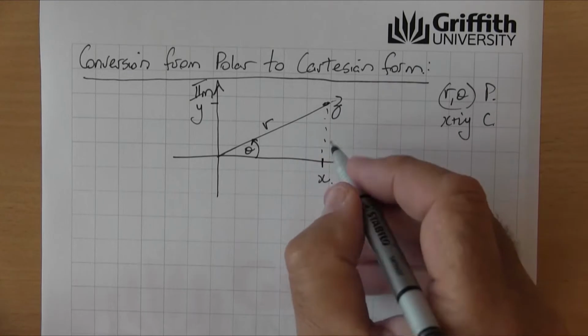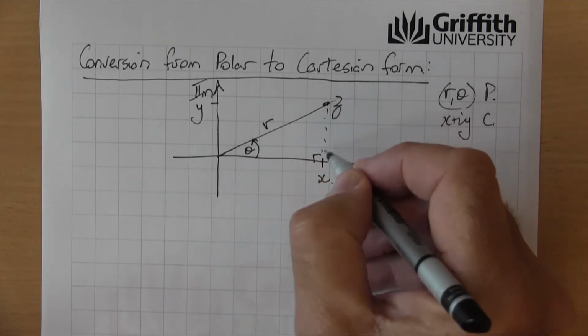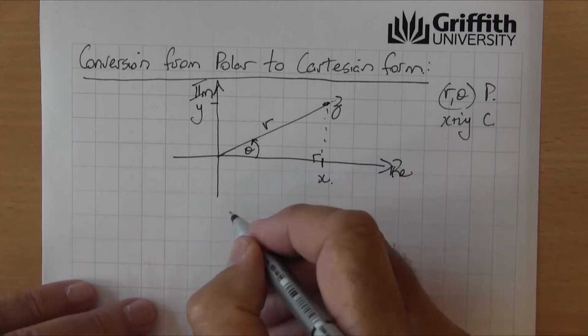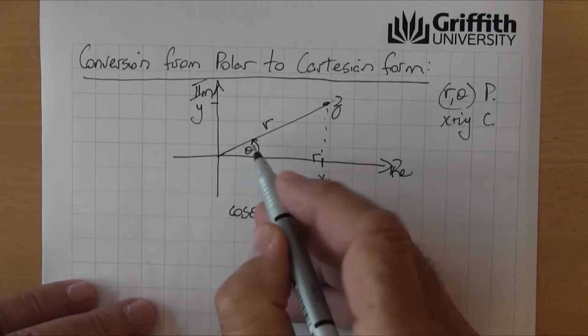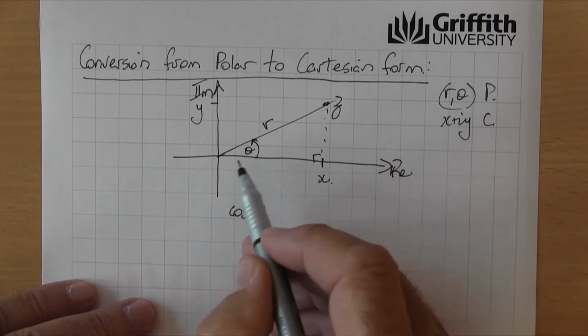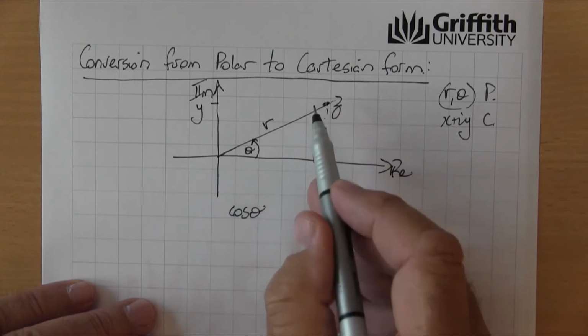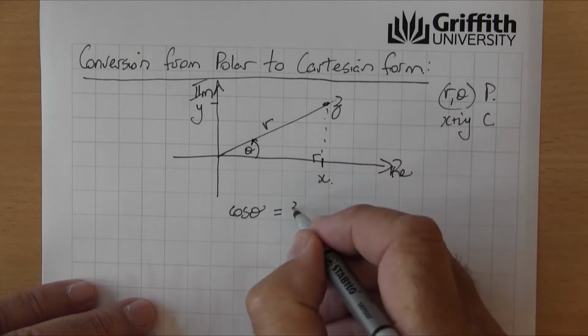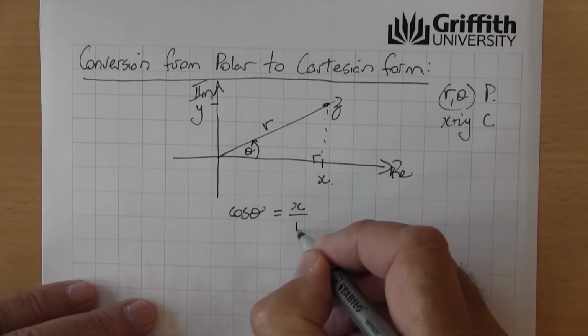So if we look at this right angle triangle here, we know that the cos of this angle theta is adjacent over hypotenuse, and the adjacent would be the x over r.